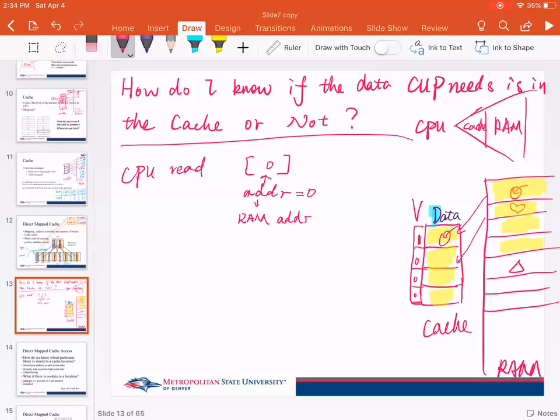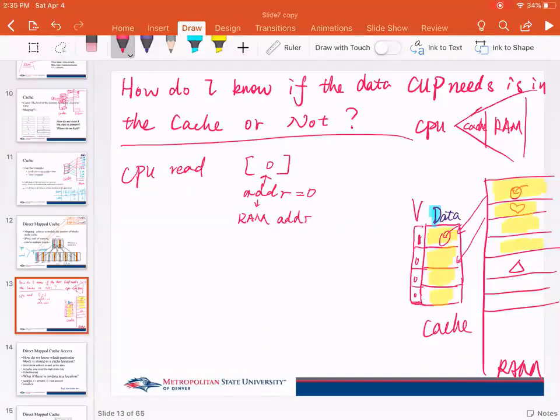And how does the CPU know if that piece of data originally in that address is in the cache? How does the CPU know if the apple is inside of the cache or not? The only thing the CPU knows is the address of the apple.